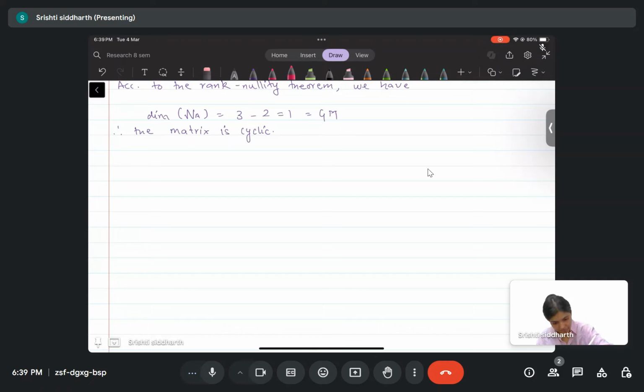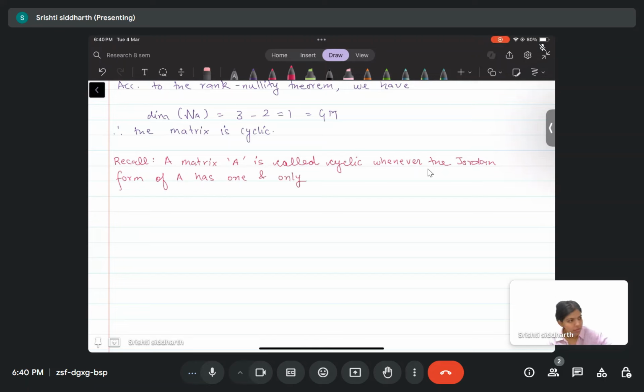A matrix A is called cyclic whenever the Jordan form of A is one Jordan block associated with each distinct eigenvalue.